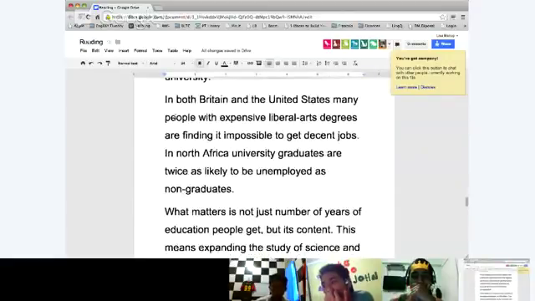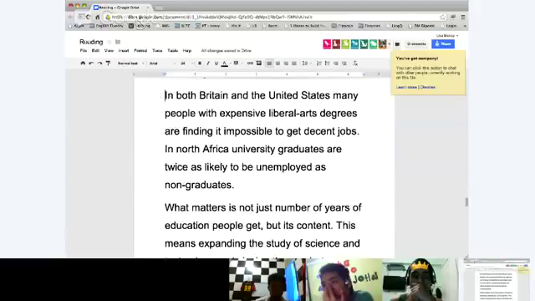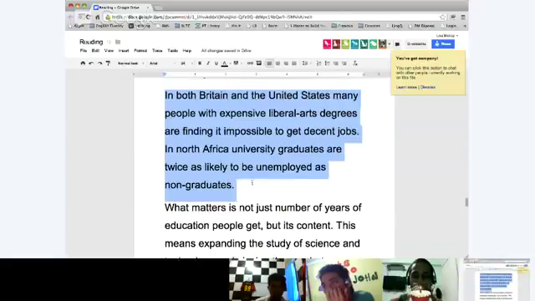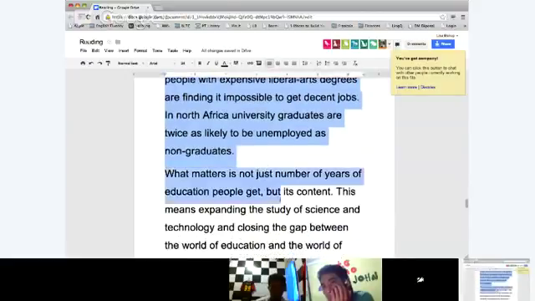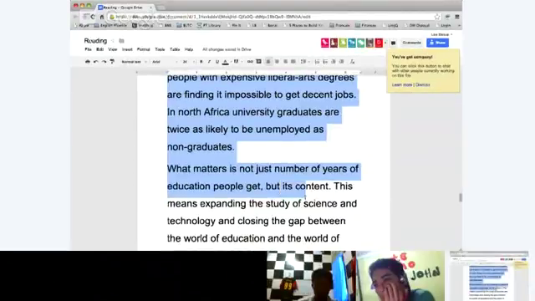In both Britain and the United States, many people with expensive liberal arts degrees are finding it impossible to get decent jobs. In North Africa, university graduates are twice as likely to be unemployed as non-graduates. What matters is not just number of years of education people get, but its content.